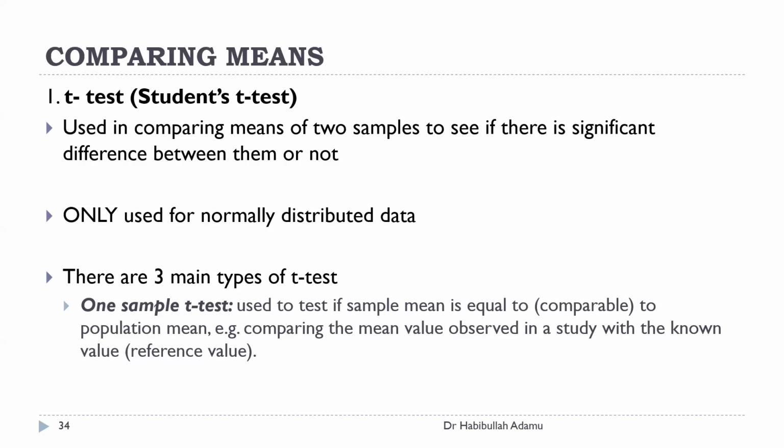If truly it's chosen from that population, you expect the means to be comparable, so you will not expect any significant difference. But if it's chosen from a different population, you are likely going to see a significant difference between the mean values.